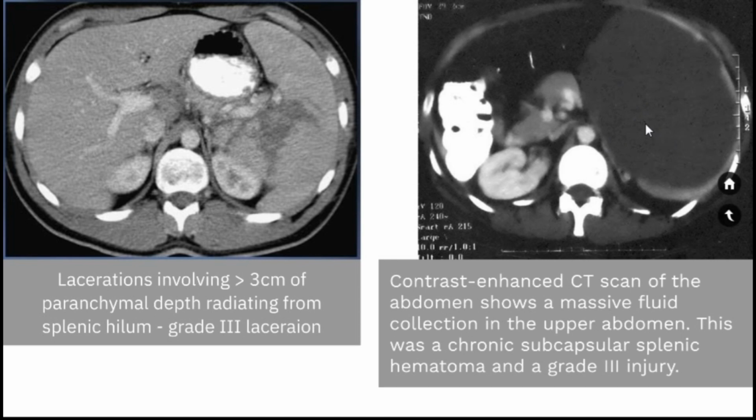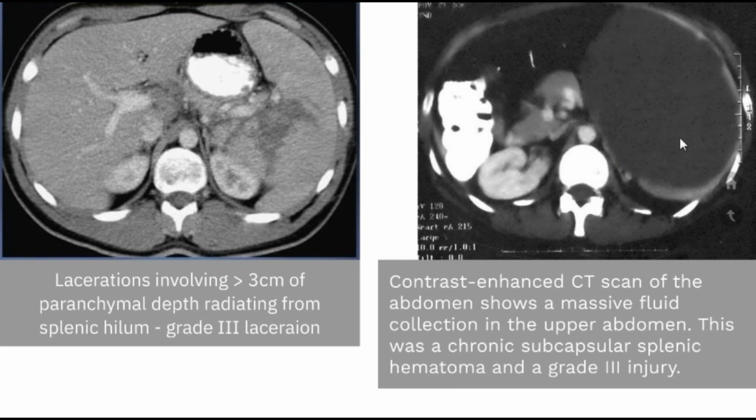Sometimes we see a big hypodense area in the place where the spleen sits, and this is actually the sequelae of subcapsular hematoma, chronic subcapsular hematoma, and we can also regard this as a pseudocyst. If it's causing mass effect on the spleen, with history of trauma, it's a chronic hematoma.